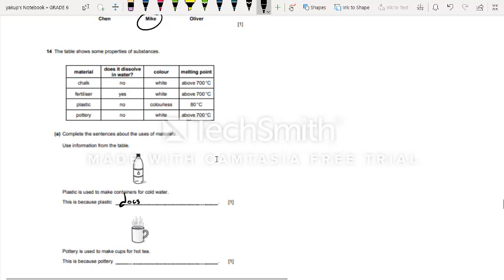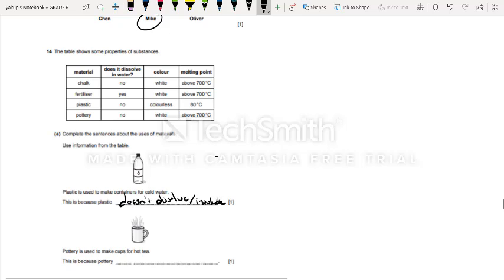It doesn't dissolve in water. Or you can write as well, it is insoluble, guys. These two answers are correct because plastic cannot dissolve in water, and this kind of material is called insoluble, as you know.